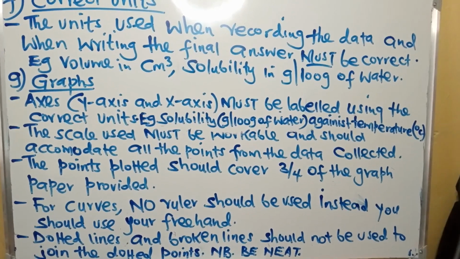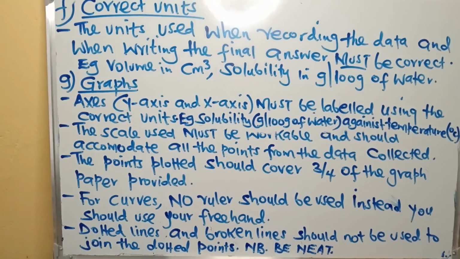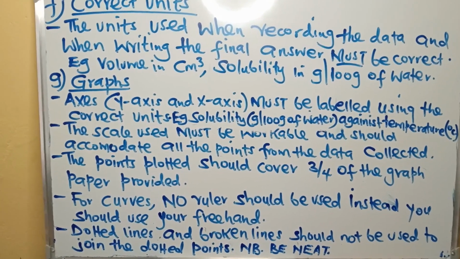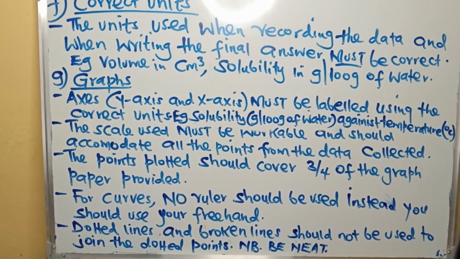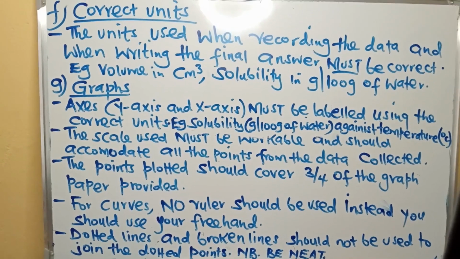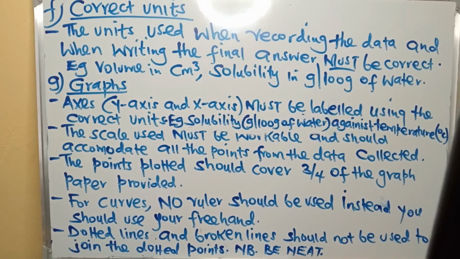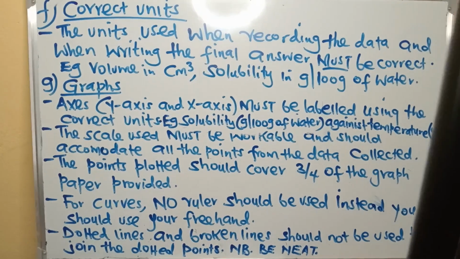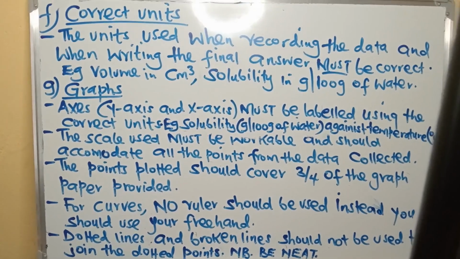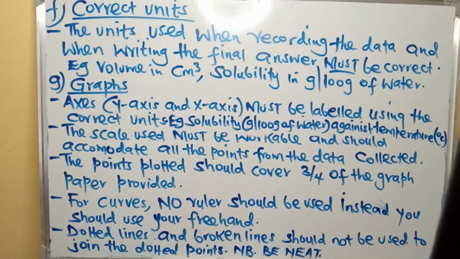So make sure that everything that you do on the graph paper is as neat as possible. Number 2 and B, make sure that you have a title for the graph. For example, a graph on solubility against temperature. Have a correct title of the graph.